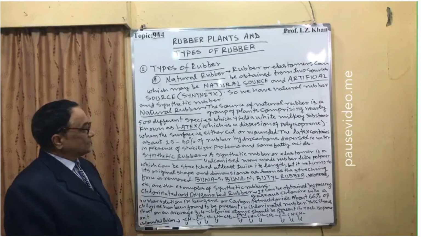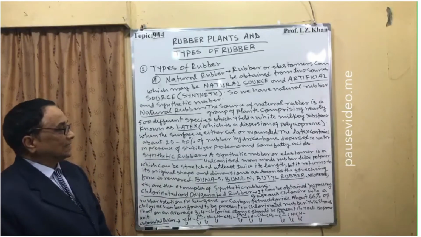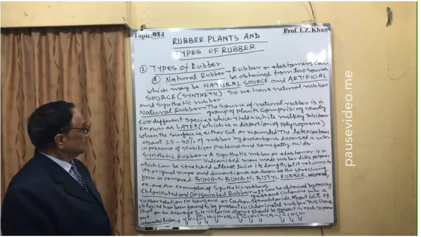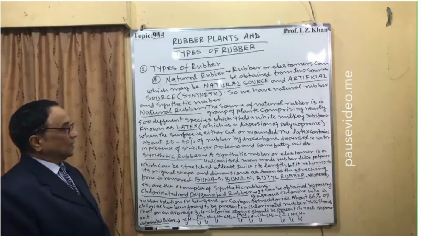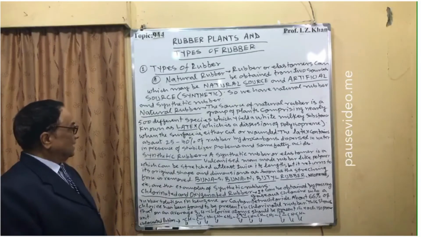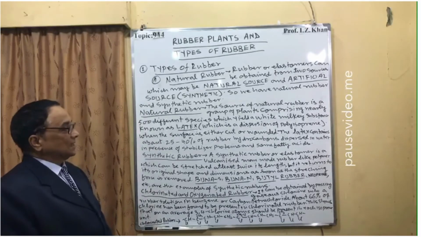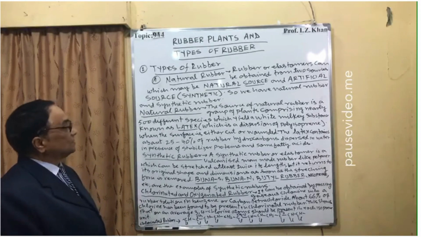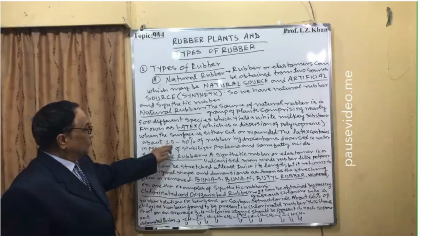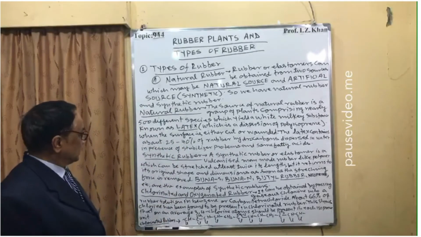When the tree surface is either cut or wounded, the latex contains about 25 to 40% of rubber hydrocarbons dispersed in water in the presence of stabilizer, proteins and some fatty acids. That is the mixture present in it, where the rubber content is 25 to 40%.